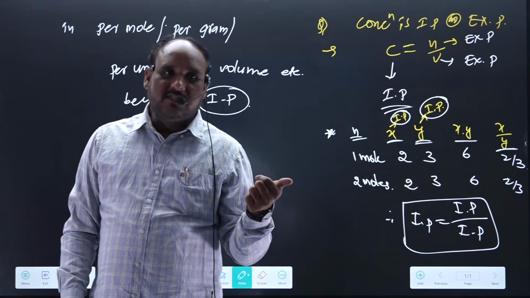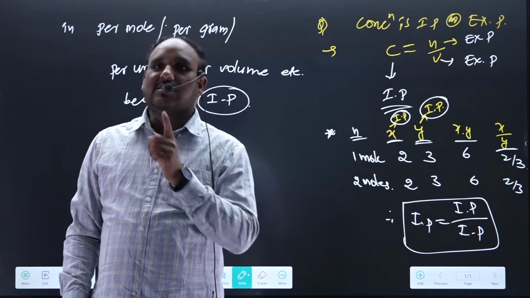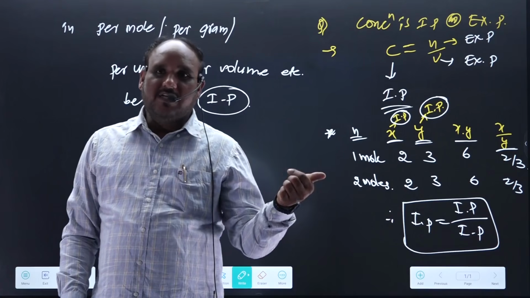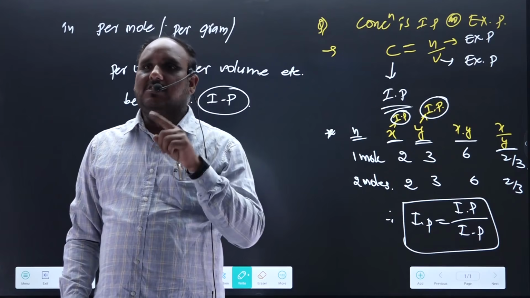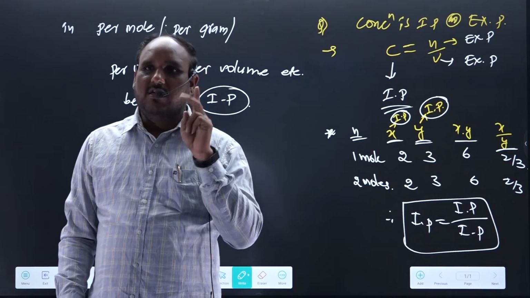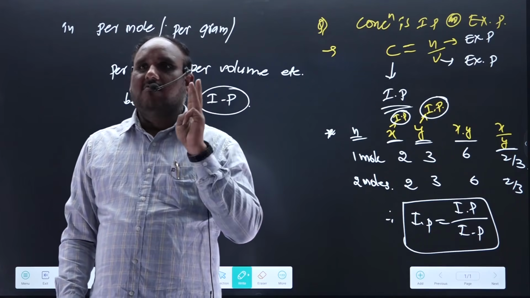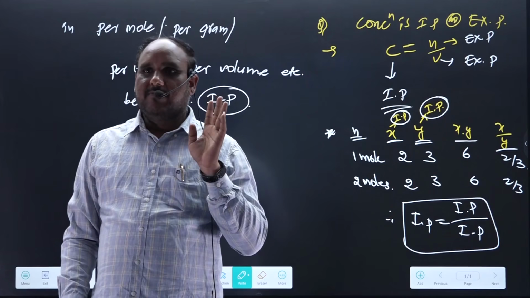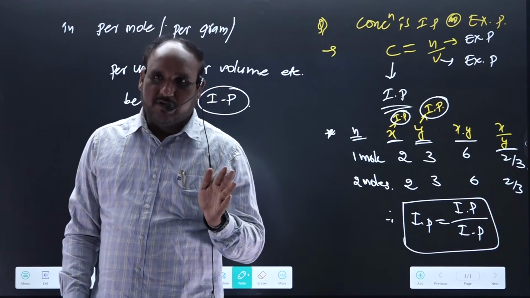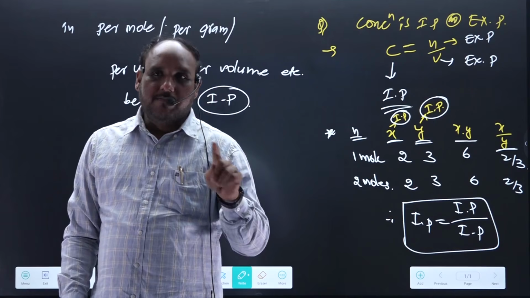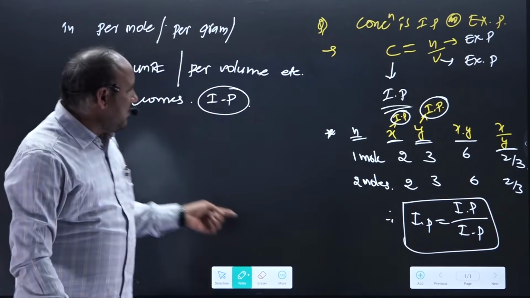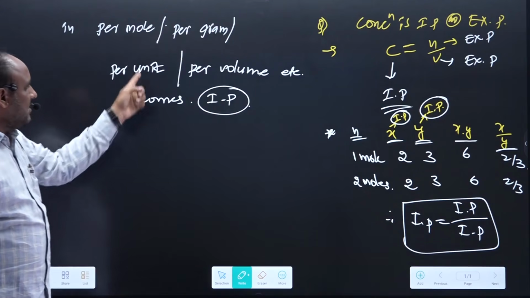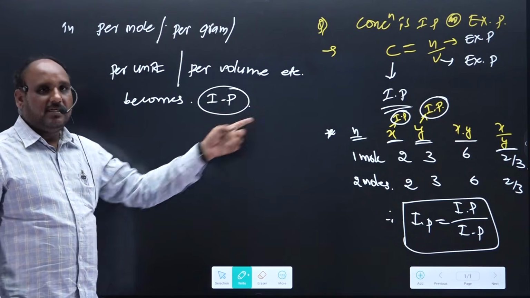Heat capacity is an extensive property, but expressed per unit it becomes an intensive property. So whatever property is expressed in terms of this becomes an intensive property, right?